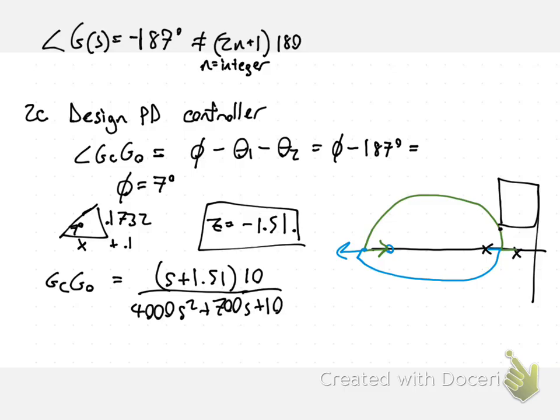So we could click on it and find that when k is equal to 10, we would have a pole at negative 1 plus 0.174i. And that would give us the properties that we would need. So that would be how we would go through a PD controller design from start to finish.